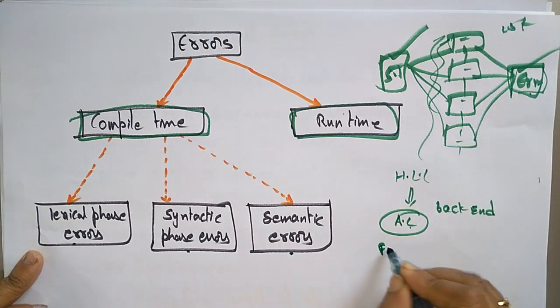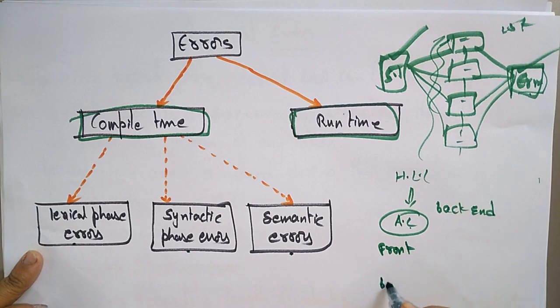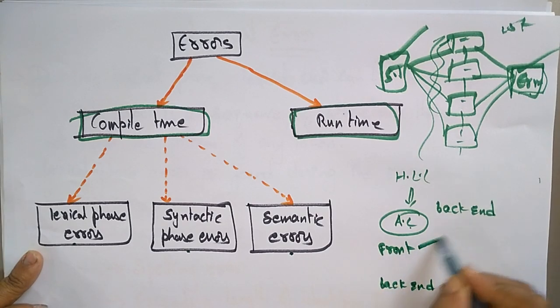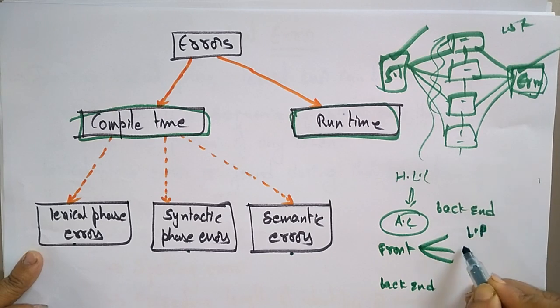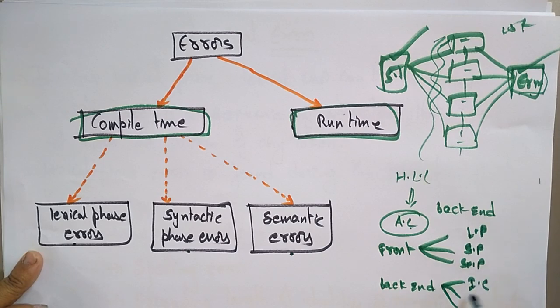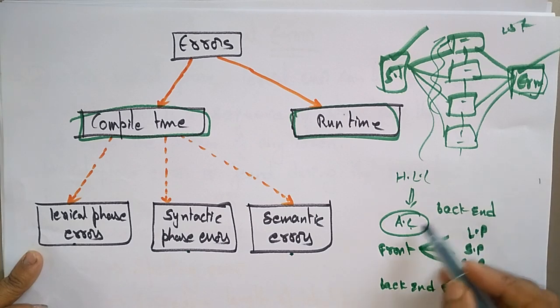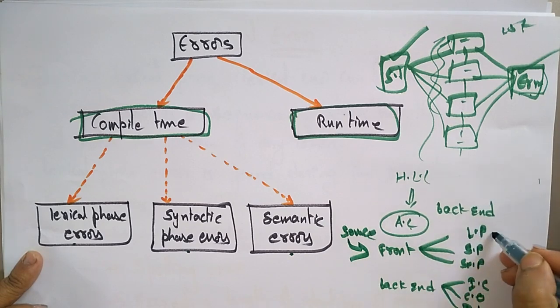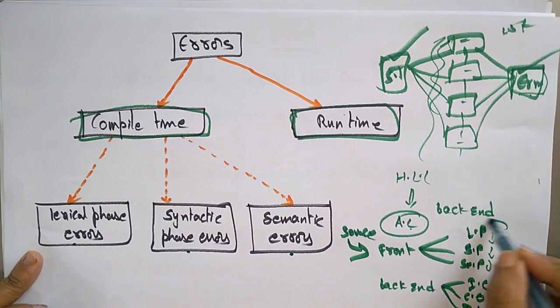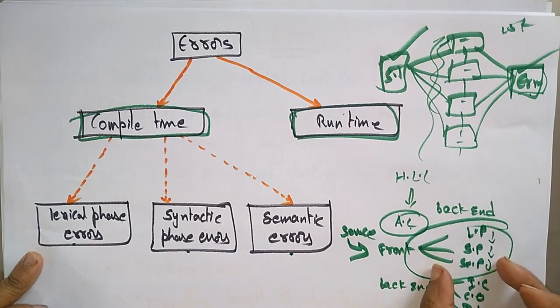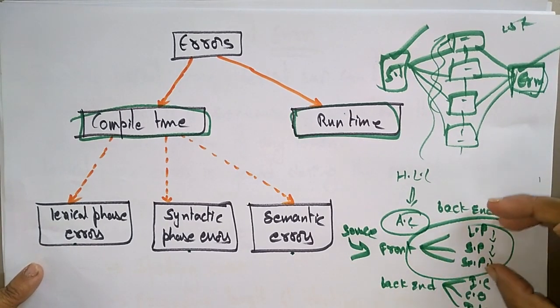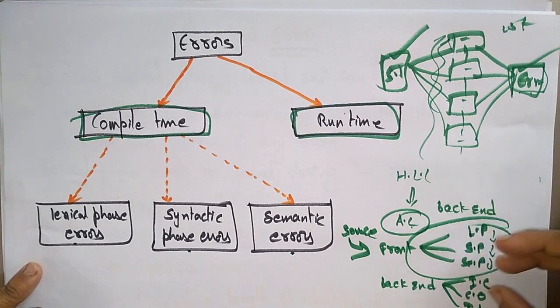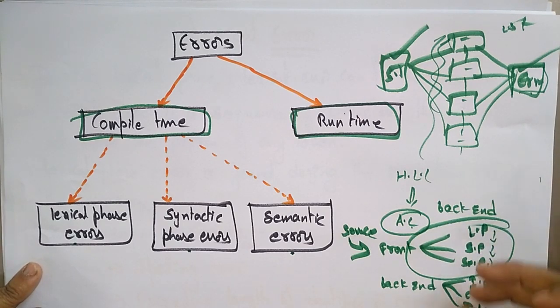The front end consists of the lexical phase, syntactic phase and semantic phase; then come intermediate code, optimization and the target language. The source program is converted through different phases, and in the front end itself you need to find whatever errors are present.